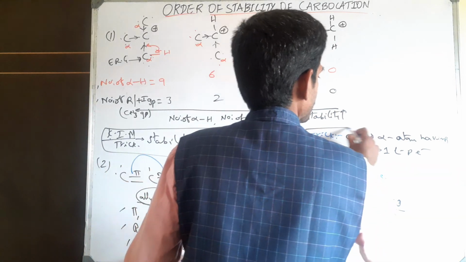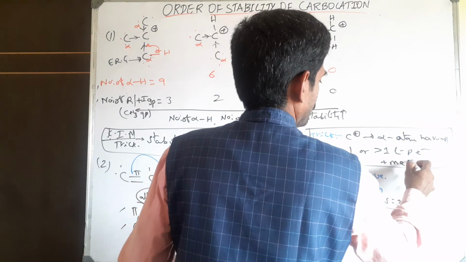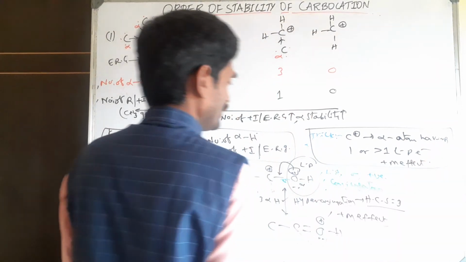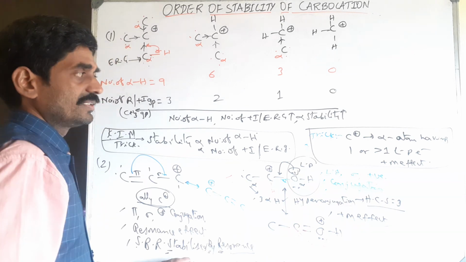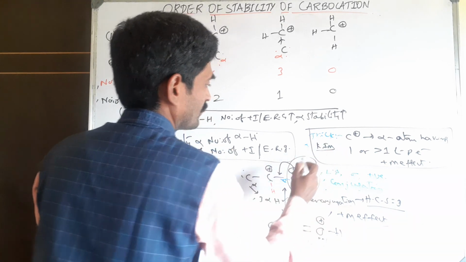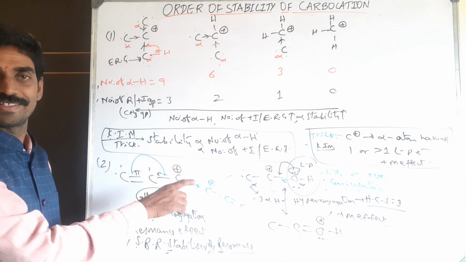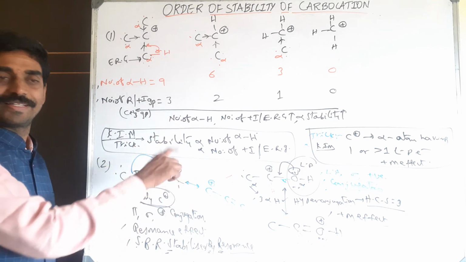There is a plus M effect, so the delocalization of electrons gives more stability. It is a simple trick, you have to follow it and keep it in your mind, my students. Up to here you got it, right? Is it clear? Then next one.